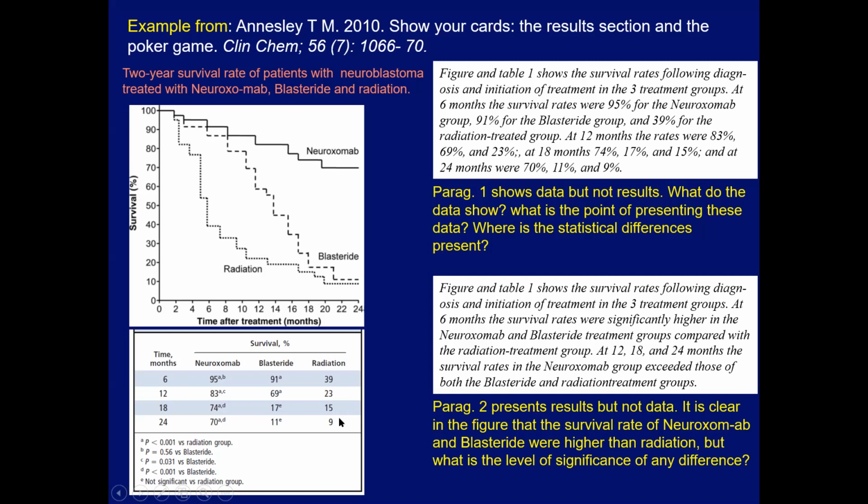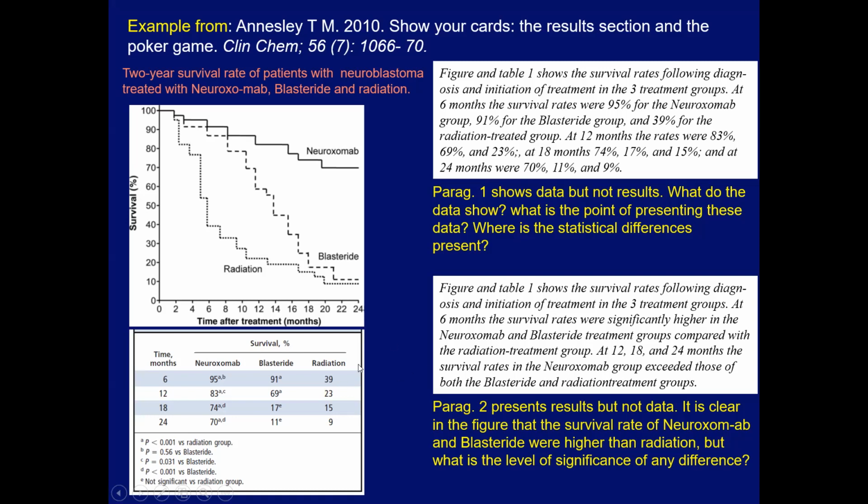It is clear in the figure that the survival rates of the neuroxumab and plastide groups were higher with a significant difference. So he gave the meaning of which one is higher than the other, but it is just talking about which one is higher, and the level of significance of any difference is not yet determined according to his description.